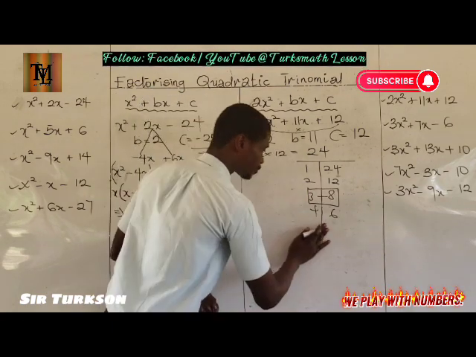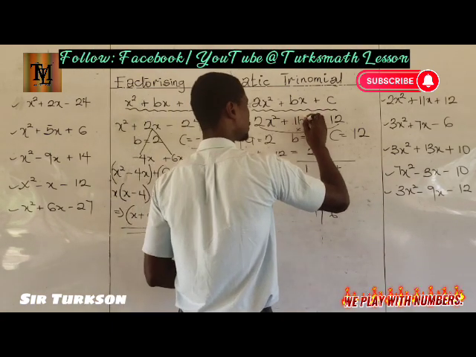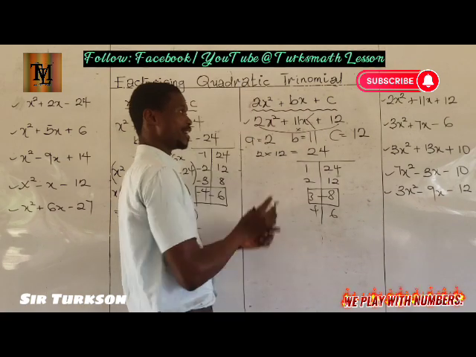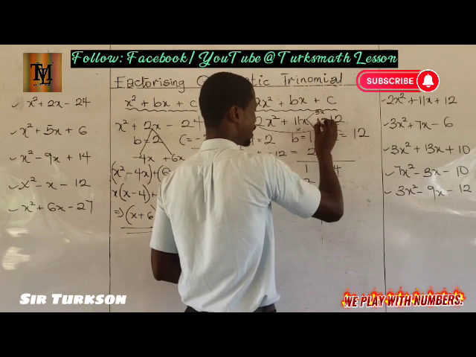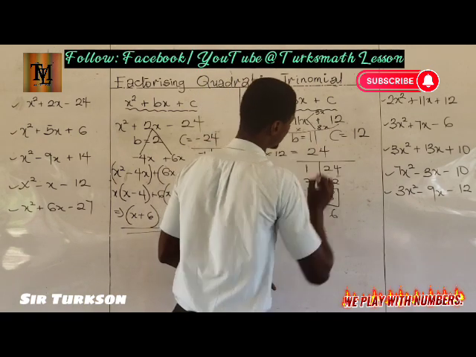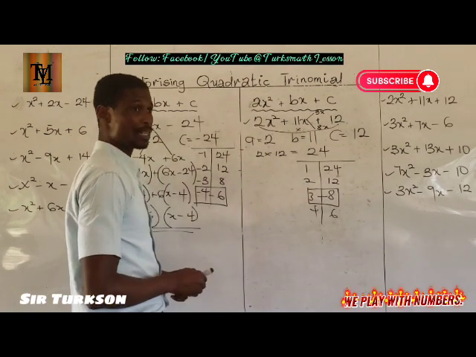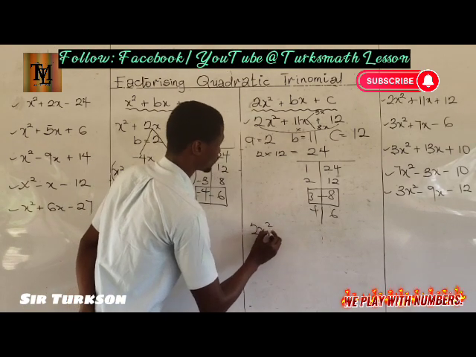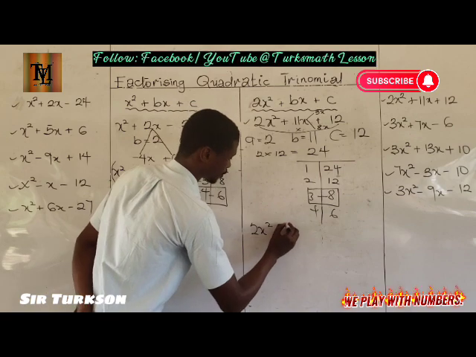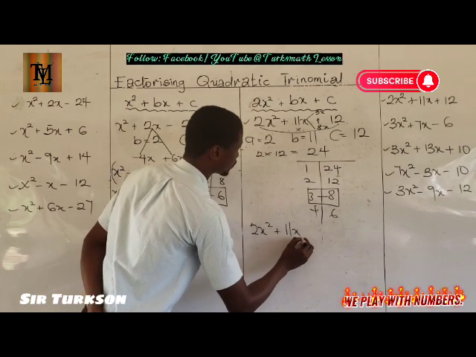Right? So we are going to have 3x and 8x. Are you together? So we are going to have 2x squared plus 11x.